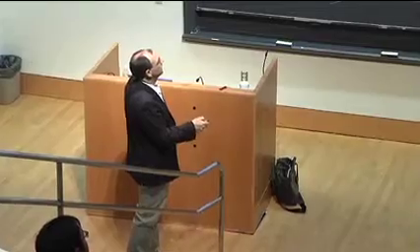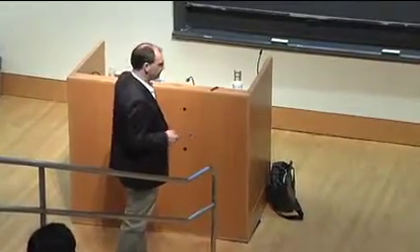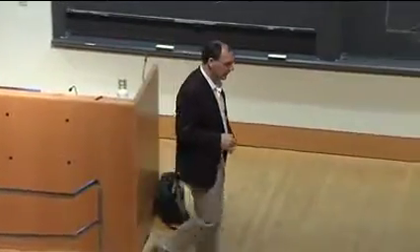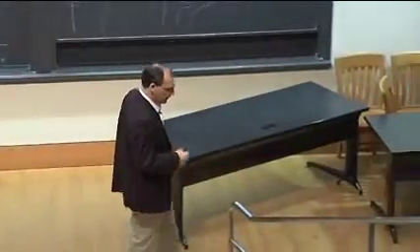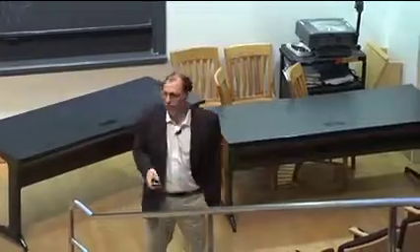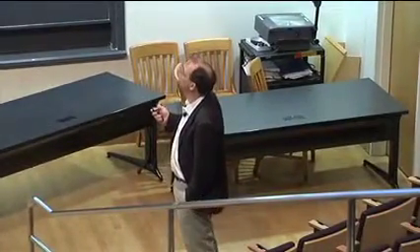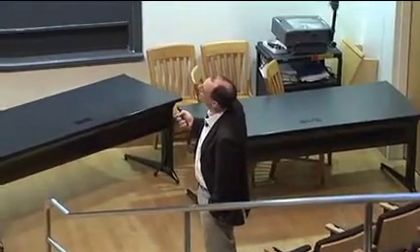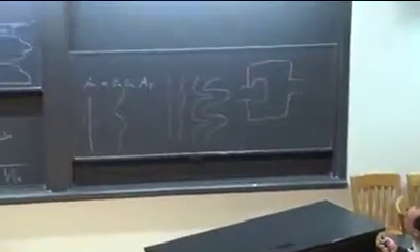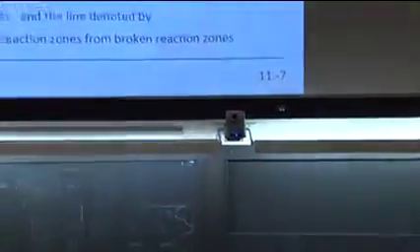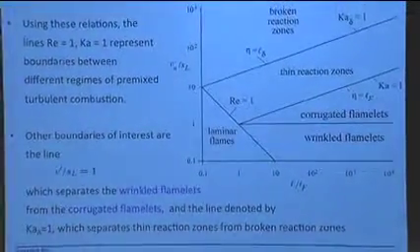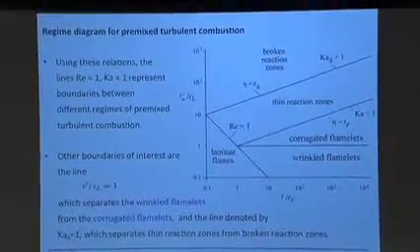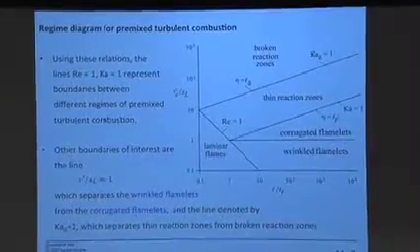And you see that this regime is actually separated again in two parts. One is called the corrugated, one the wrinkled flameless regime. The wrinkled flameless regime is not all that important because it's technically not very relevant, because the burning velocity in that regime is larger than the turbulent velocity fluctuations.